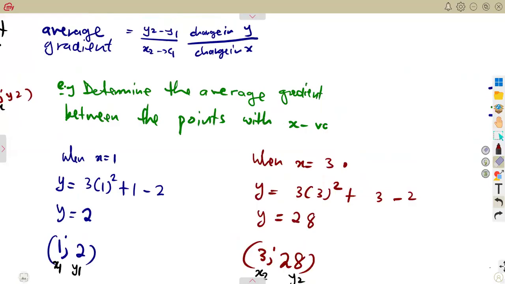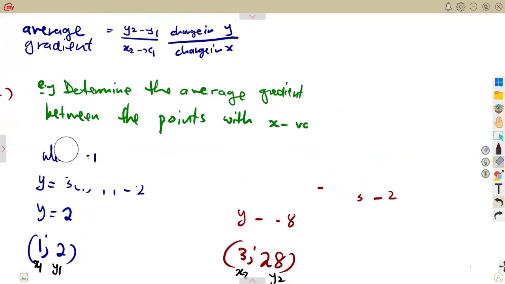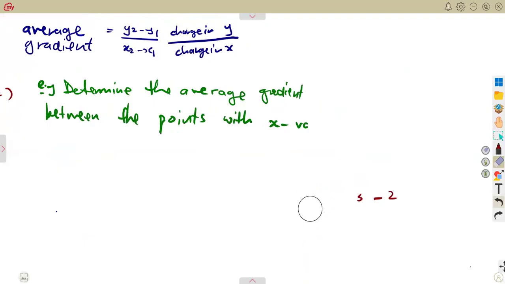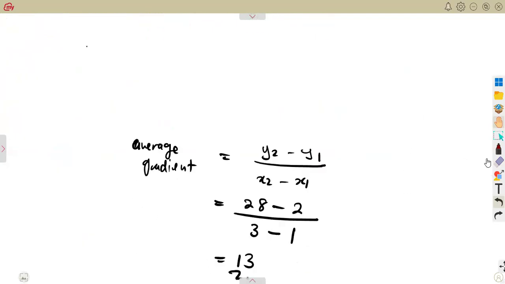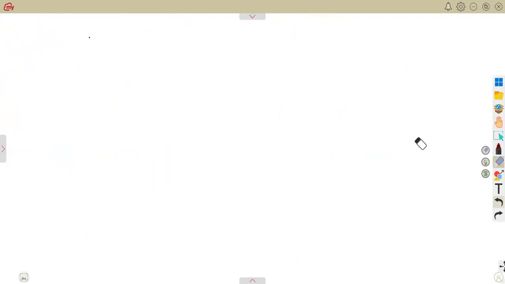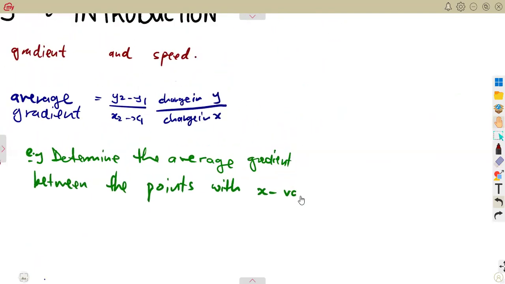So you're going to see that about this average gradient, we can write this as a formula that we are going to actually use later on when we are going to talk of the first principles concept. There's a formula there that we are going to use later on, working with the derivatives from the first principles. But this is what I want you to understand.